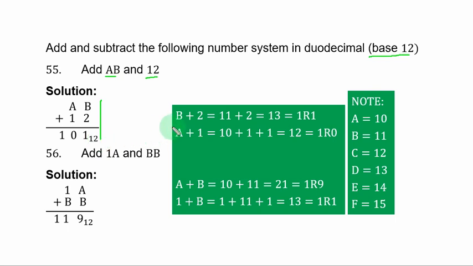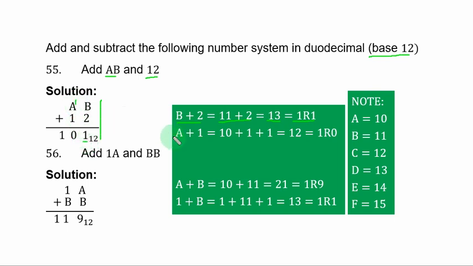The first column is B plus 2. That is 11 plus 2 equal to 13. 13 cannot be written in base 12. You divide 13 by 12, you have 1 remainder 1.